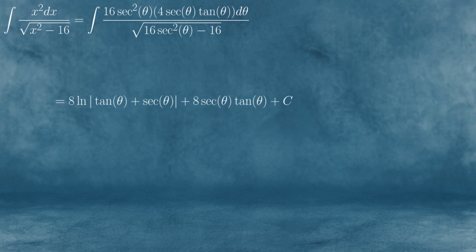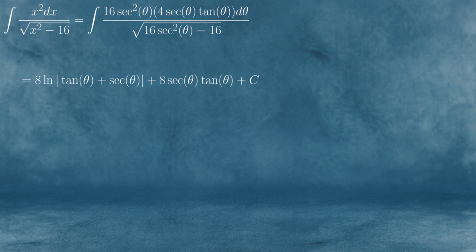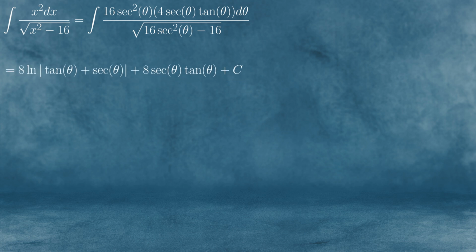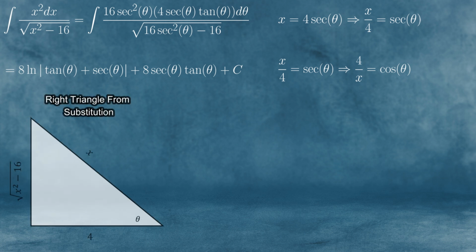Now, we need to be able to express such a result in terms of x, knowing that if x is equal to 4 times secant of theta, then secant of theta is equal to x over 4. Therefore, cosine of theta is equal to 4 over x. And we can express our right triangle for each side.